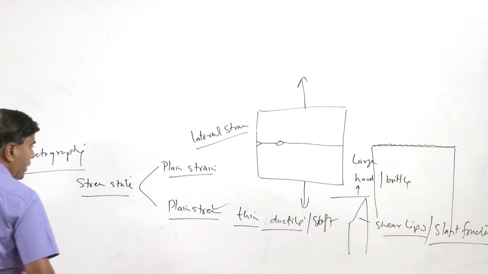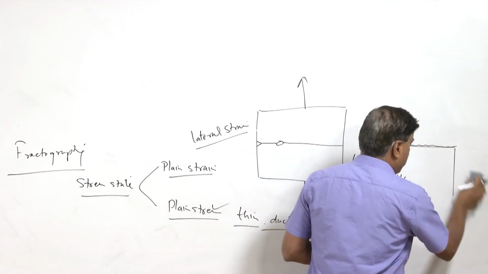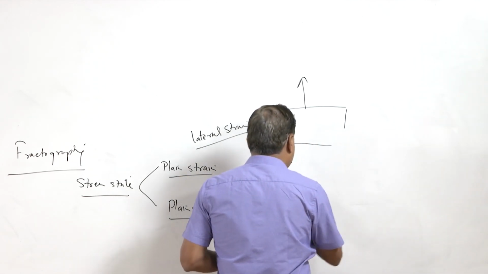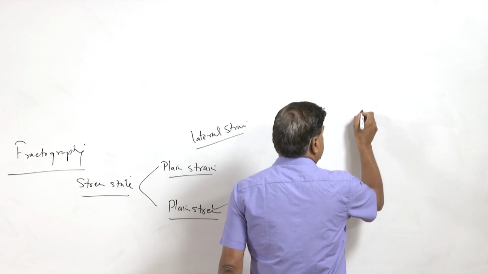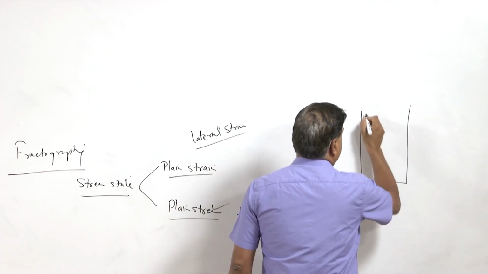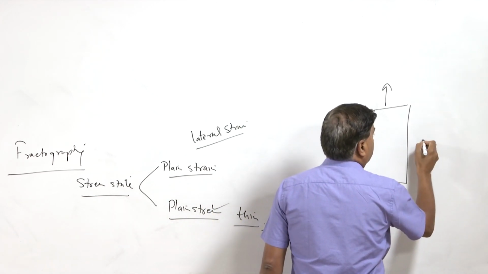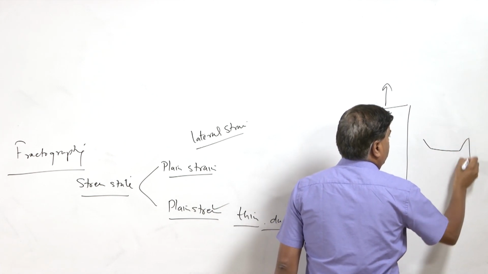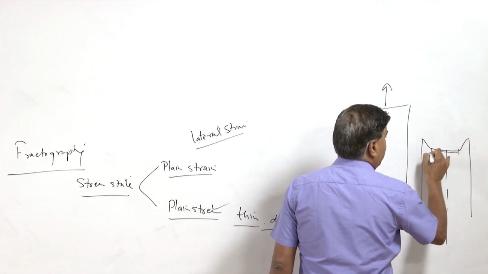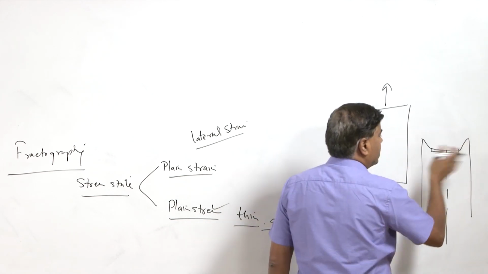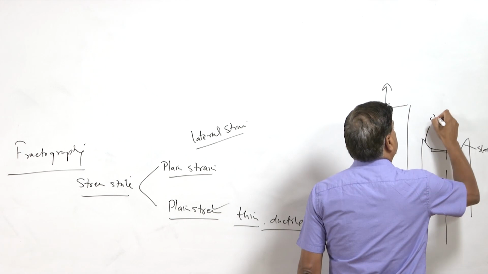Now there can also be a combination of these two situations, where the component has a mixed mode of fracture, with both plane stress and plane strain conditions, like a tensile sample subjected to external loading. When failure occurs, the fracture surface has a flat region at the center of the specimen, and at the sides near the surface there are slant fracture surfaces or shear lips.